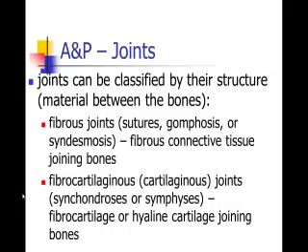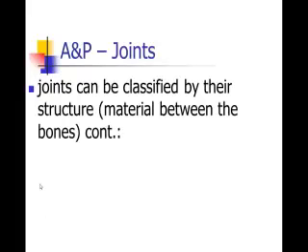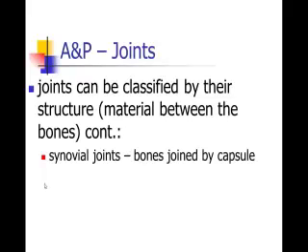There are two kinds of fibrocartilaginous joints. There are synchondroses or symphyses. The synchondroses are non-movable joints, and the symphyses are amphiarthroses, partially movable joints. The bones are connected by either fibrocartilage or by hyaline cartilage. And then the third kind of joint would be the diarthroses or synovial joints.